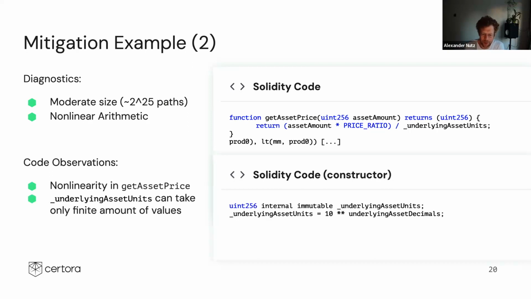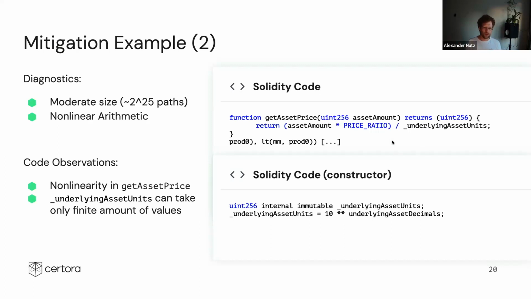But then our colleague looked more around the code, and observed that the denominator of this fraction is a variable, but actually a variable in a very limited range. If you have overflow protection and you have powers of 10, and you can't go beyond 2 to the 256, then you only have 79 choices of what this underlying asset's value can actually be.